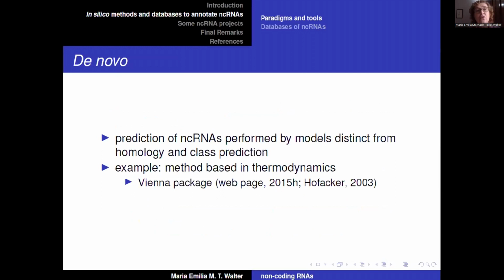Vienna is composed of many packages with methods based on thermodynamics, so they try to include biological characteristics like energy in the computational model. Next, please.